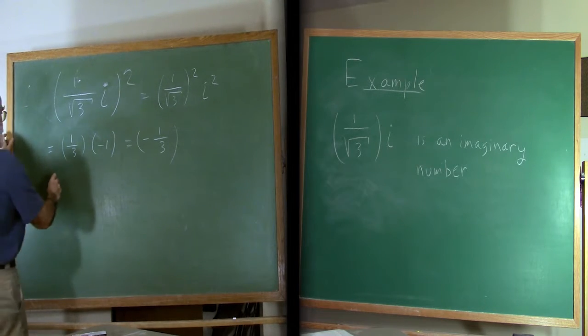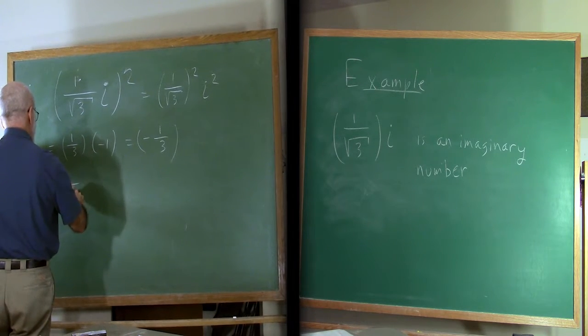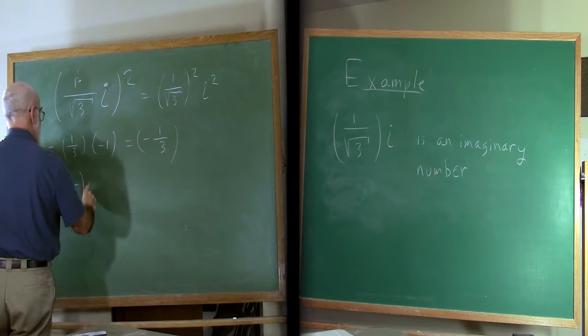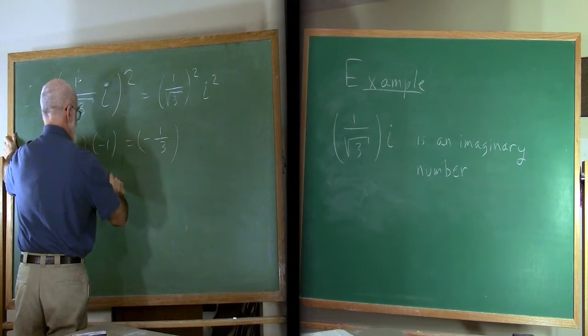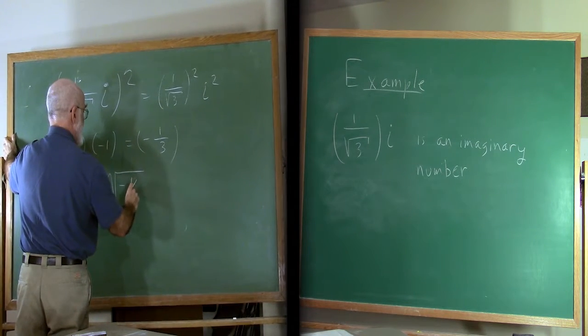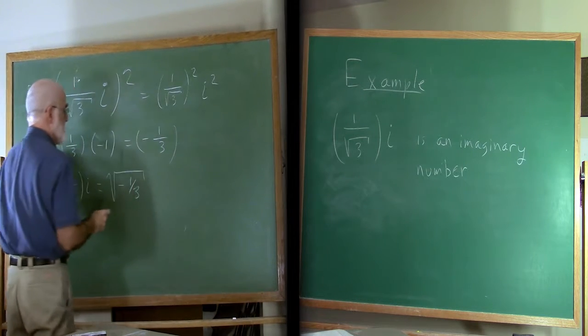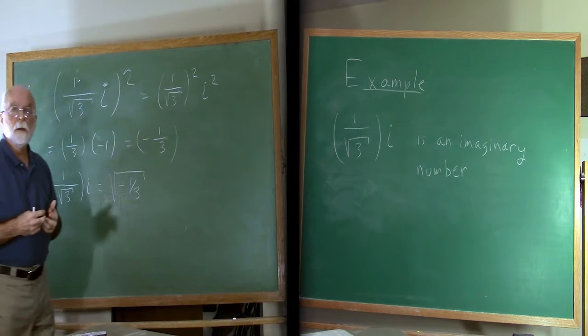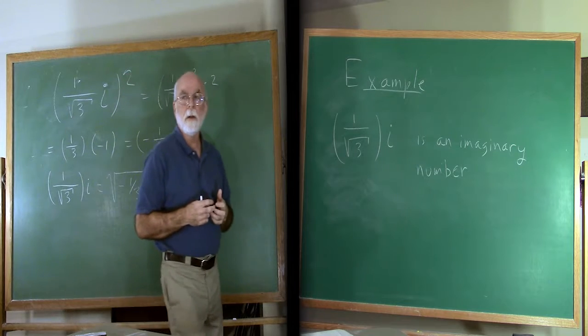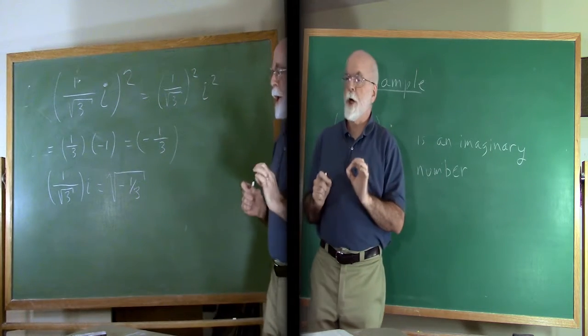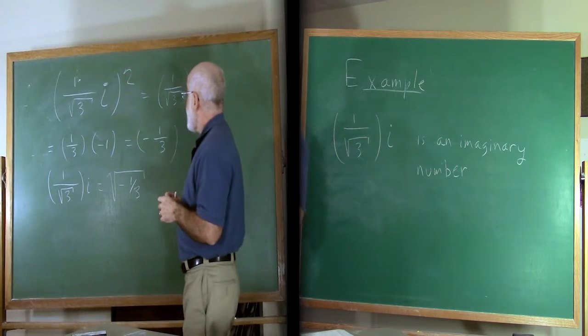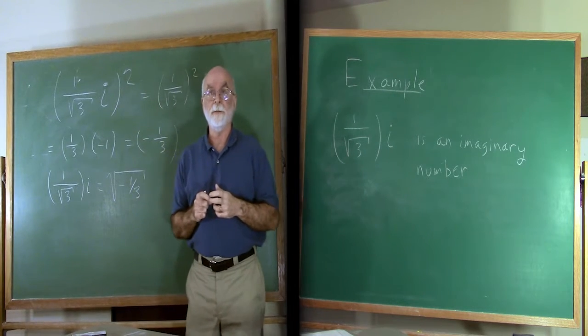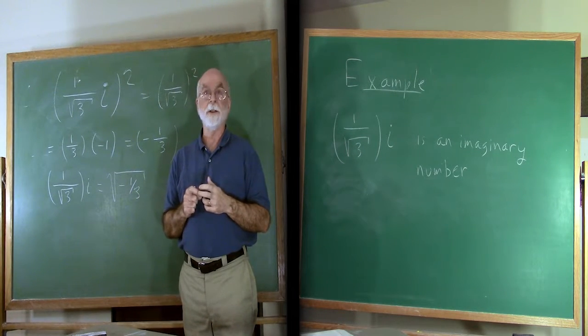The imaginary number we started with is the square root of negative 1/3. That's what all imaginary numbers look like: the square root of a negative real number.